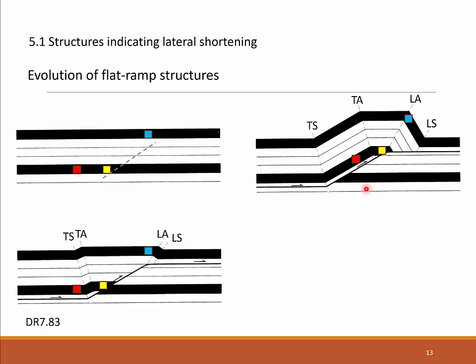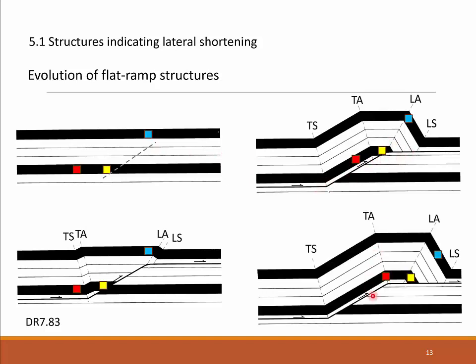We also see that the structure itself increases in height, and it increases in height to such an extent until the layer that in the first stage was continuous actually has overridden itself along the ramp. This is achieved here in this example.